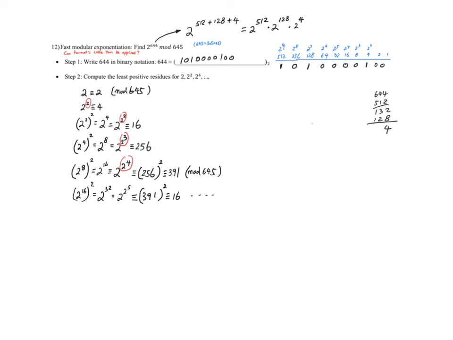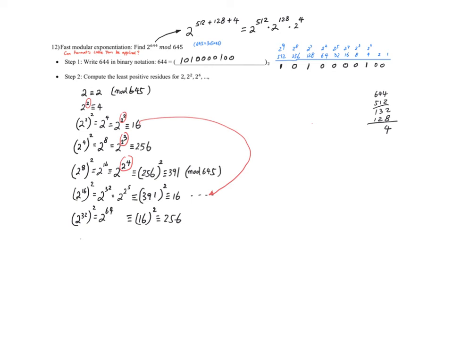And continue this pattern. The next one will be 2 to the 32 squared, which is 2 to the 64. So this is 16 squared, which is 256. You probably feel that once we see the 16, it will repeat. Actually, you're right. It will just repeat because all you do is square the previous one. So you really don't need to do too much algebra now.